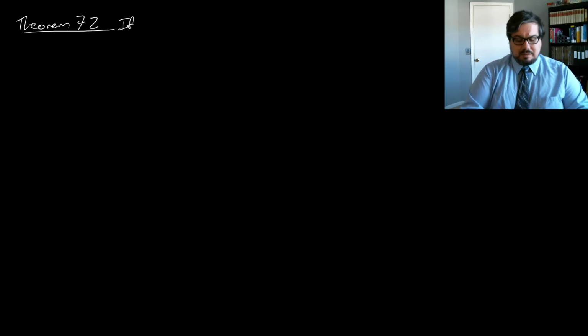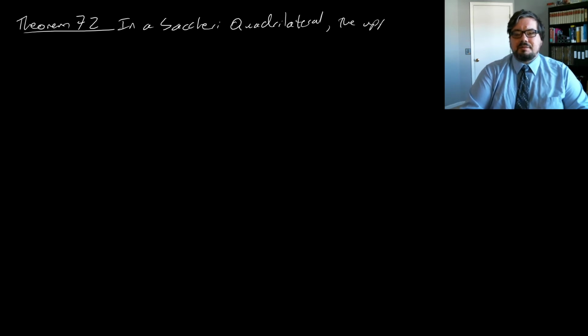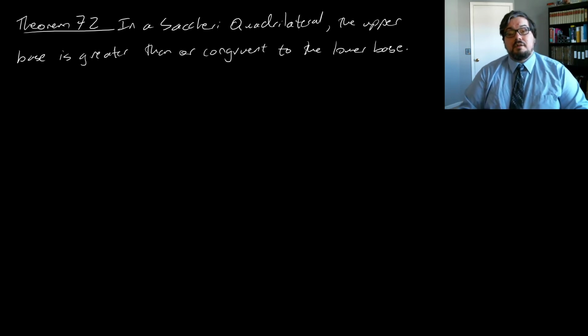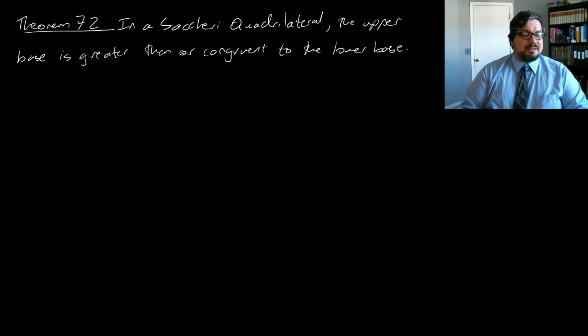So theorem 72 says if in a Saccheri quadrilateral, the upper base is greater than or congruent to the lower base. So it might be congruent, making a rectangle, but it might be longer, but in particular, it's never shorter.